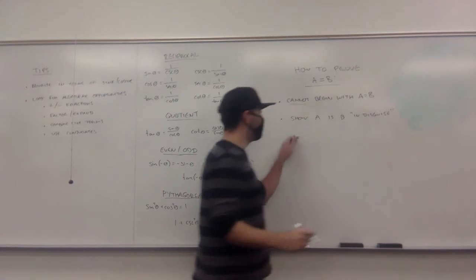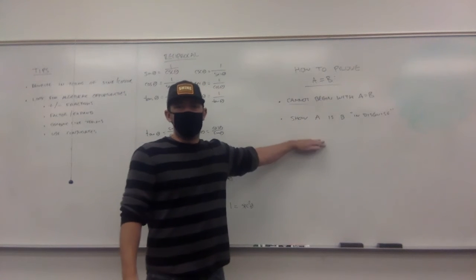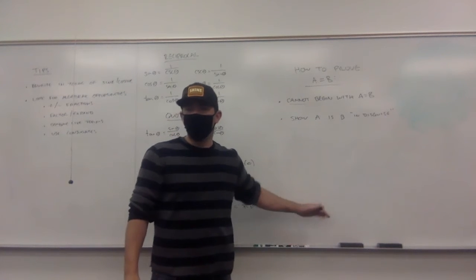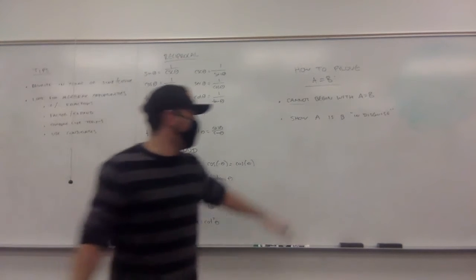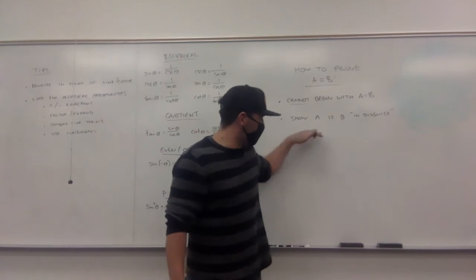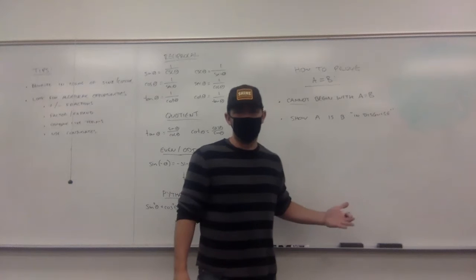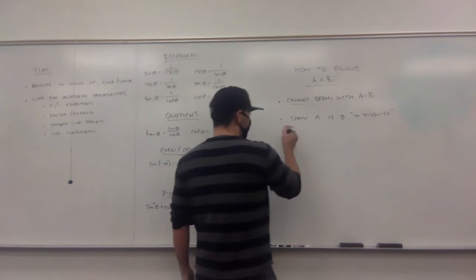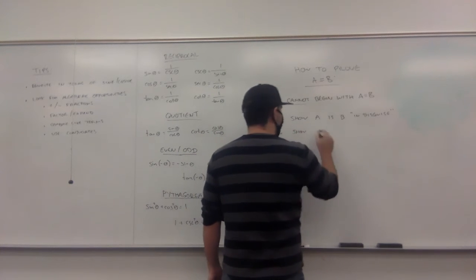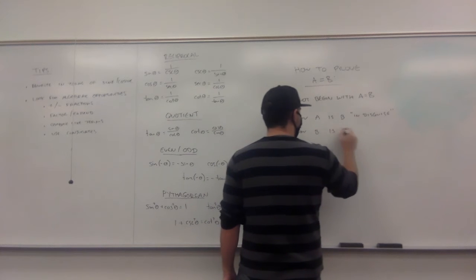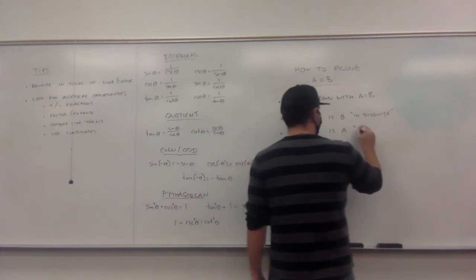If we did that, we'd start with A, and we'd have a sequence of expressions that are all equal using valid rules of mathematics. And eventually, we would show that, okay, well, once we got down here, we showed that we were actually at B. The other way that we can do this is just the opposite. We could take the right-hand side of the equation and show that B is actually A in disguise.